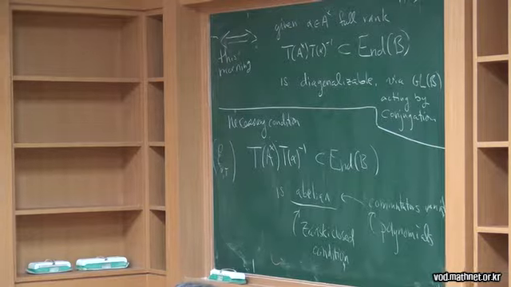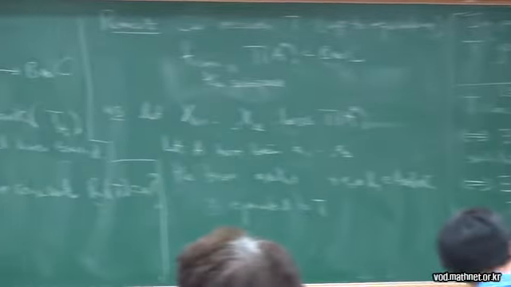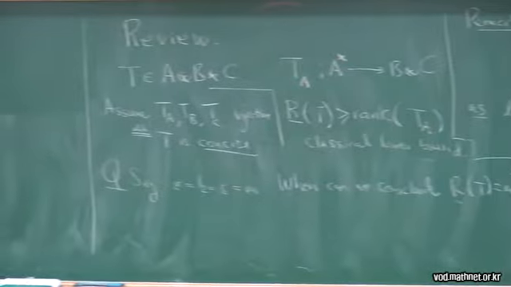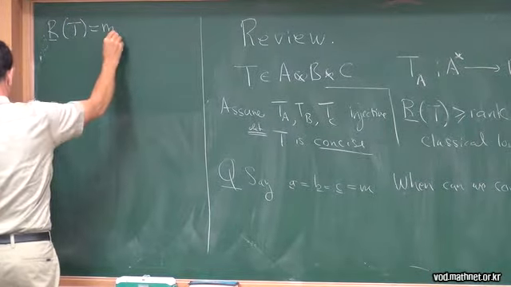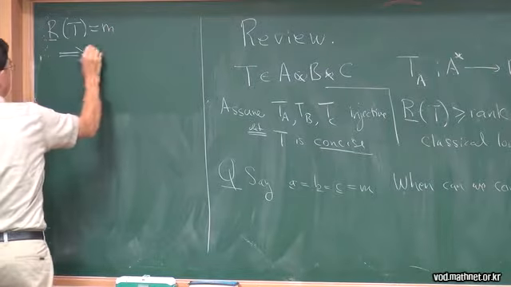So that says that in fact for the border rank of T to be the smallest possible, this subspace is abelian.